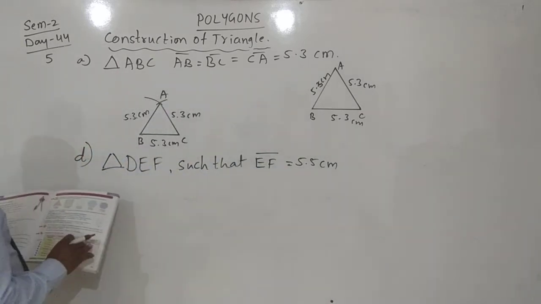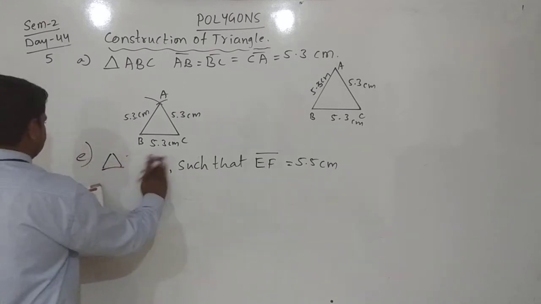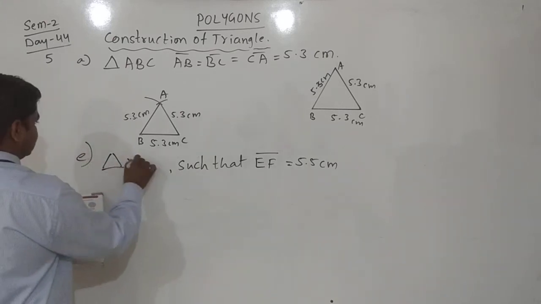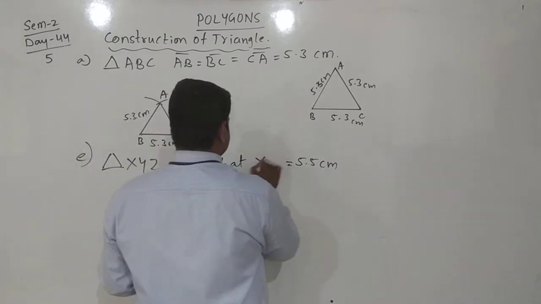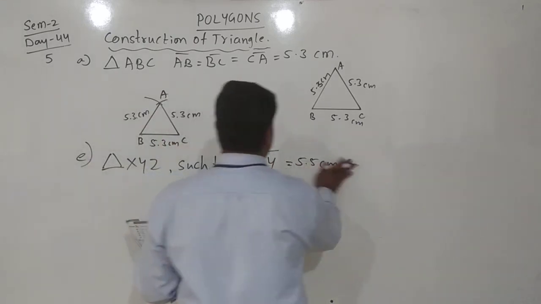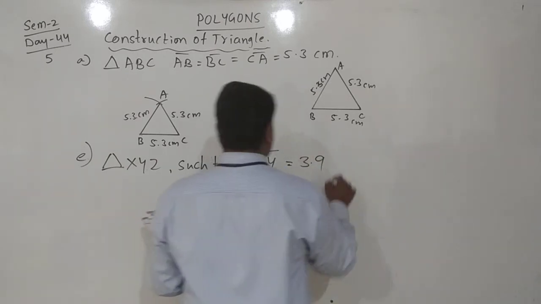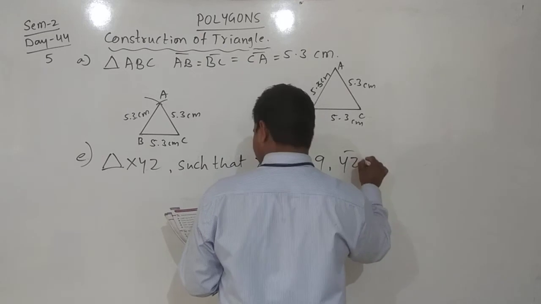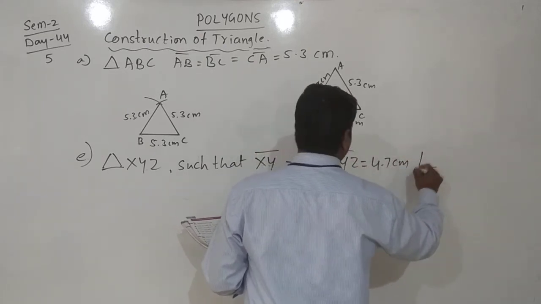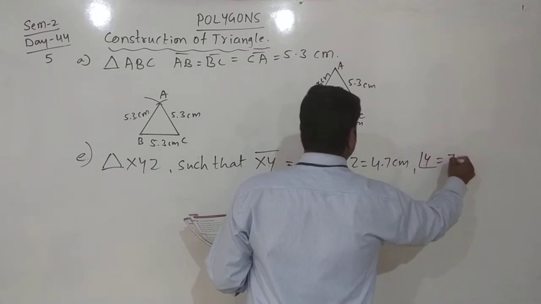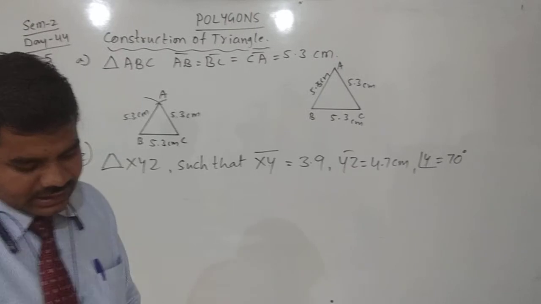Two sides are given. Another triangle XYZ: line segment XY is equal to 3.9 centimeter, and YZ is equal to 4.7 centimeter. Angle Y is equal to 70 degree.